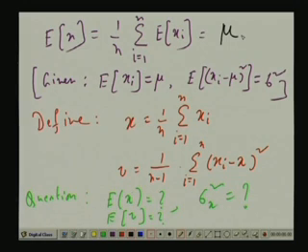Now we have to find out what is this quantity. Mean value of x bar is mu, we have already seen.